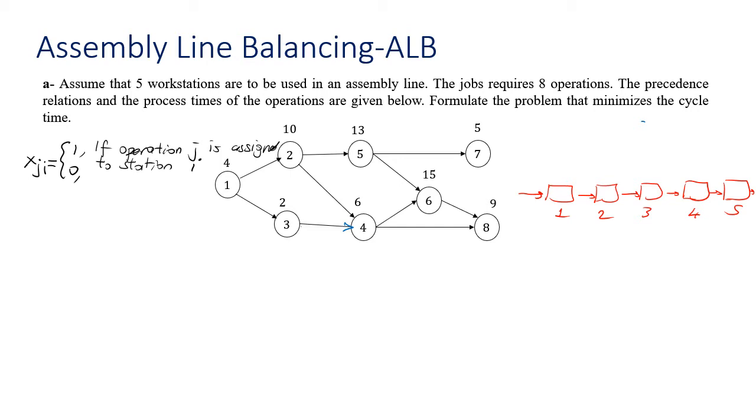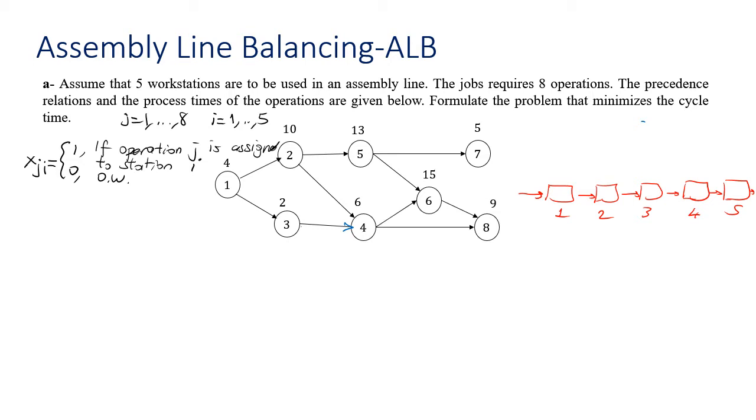Okay, so I'm representing the operations by j, and in this example I have 8 operations, and I'm using index i to represent the workstations, and I have simply 5 workstations, and it will take the value of 0 otherwise.